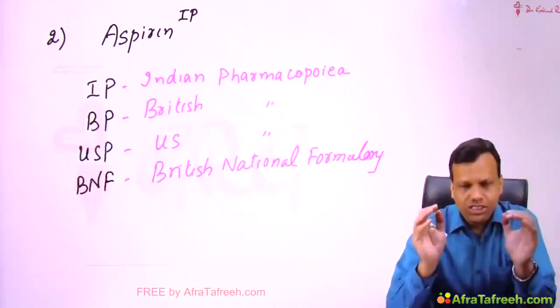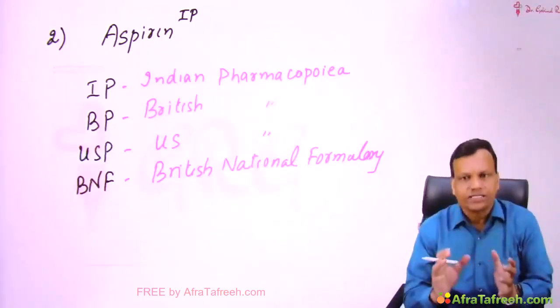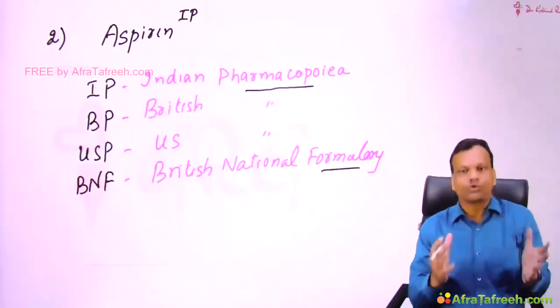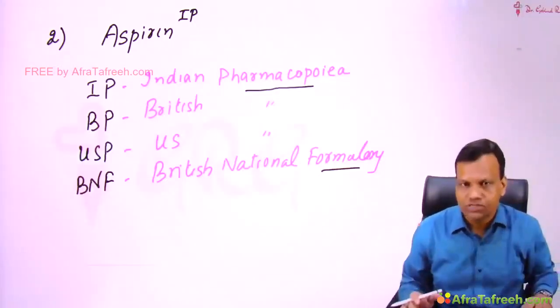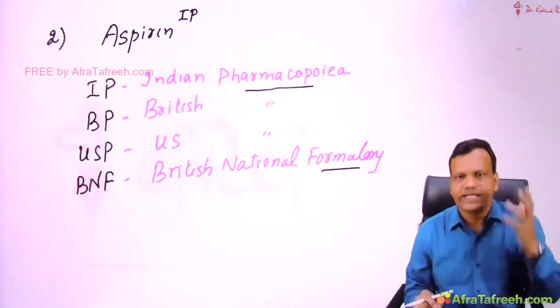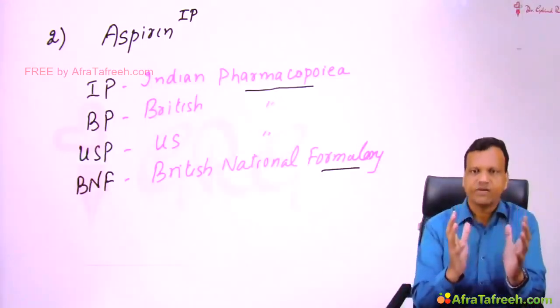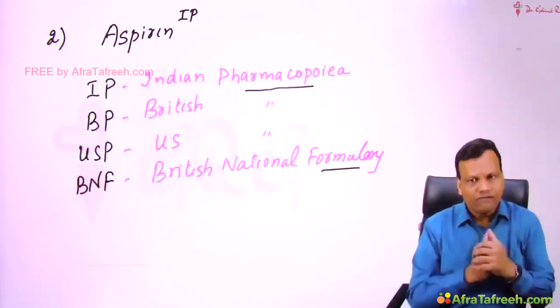The first question is, what is the meaning of these pharmacopoeias and formularies? These pharmacopoeias or formularies are nothing but books. These are big books, 4,000, 5,000 pages. And these books contain all the details about that drug. Like in pharmacopoeia, not only pharmacology related information, like what aspirin does, what is the mechanism, everything is written.